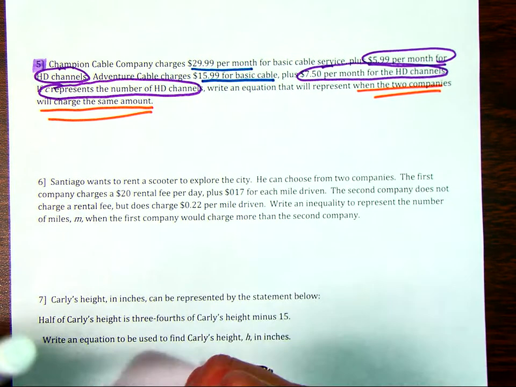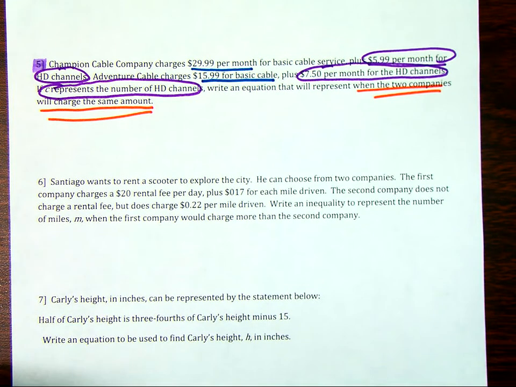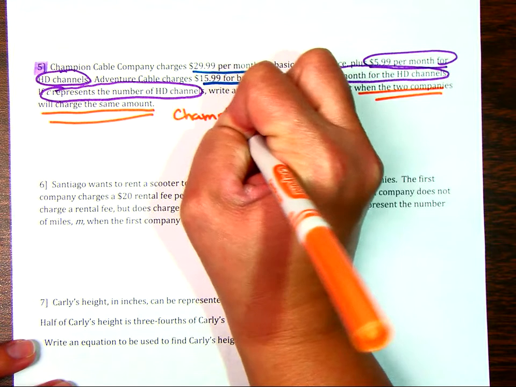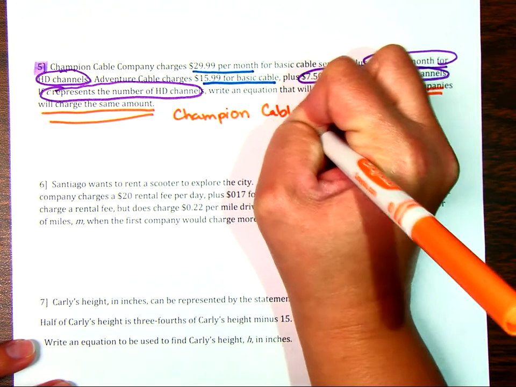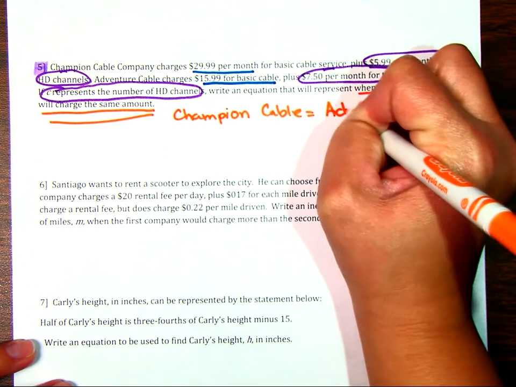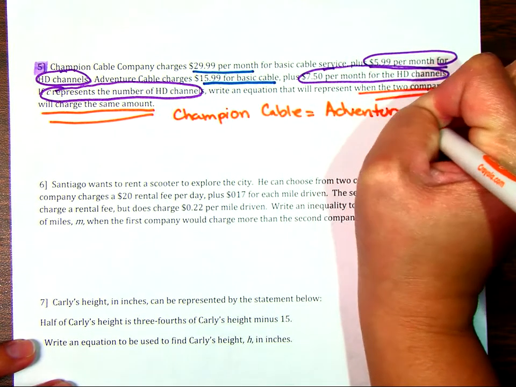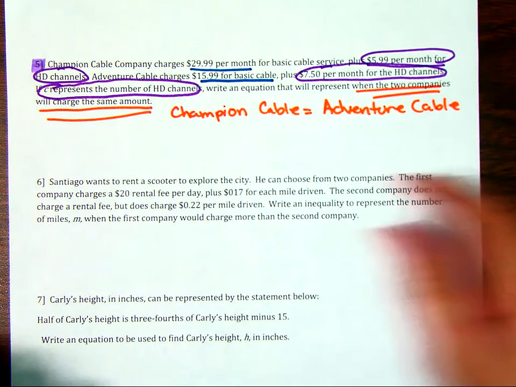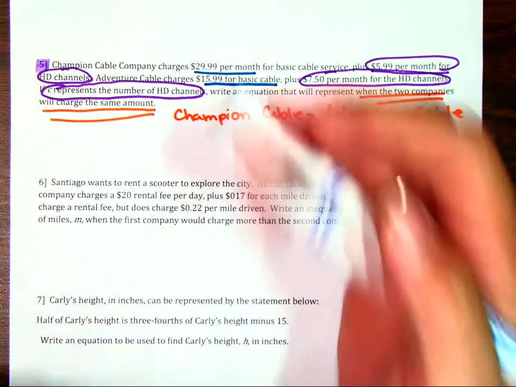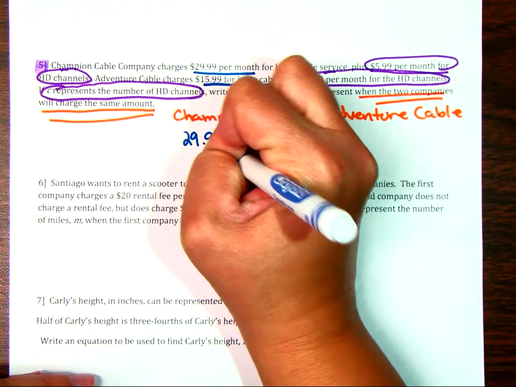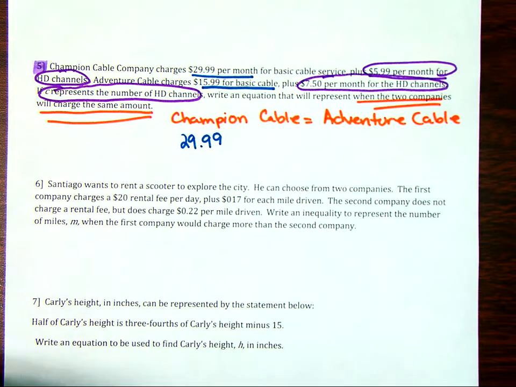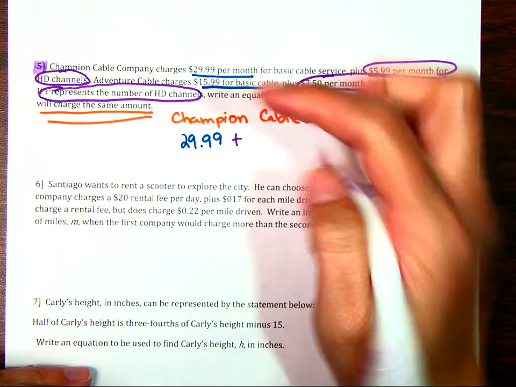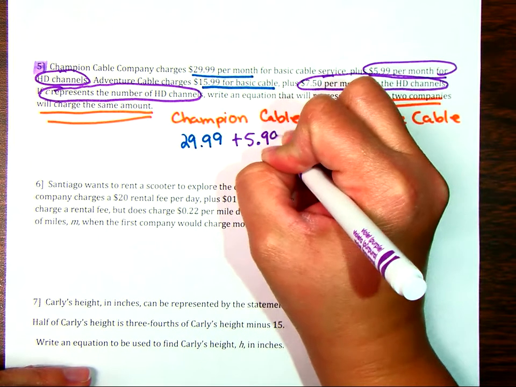So if we set that up, basically again, we're looking for the Champion Cable to be equal to the Adventure Cable. So if we set that up, we can write the Champion Cable first as $29.99 plus the $5.99 for every HD channel.